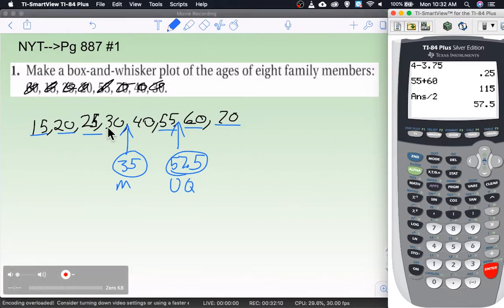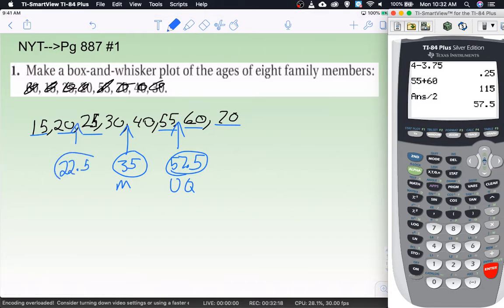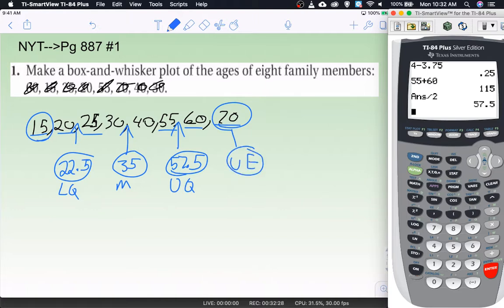My lower quartile is going to be the middle of these 4 values, not counting the median. So right here, which is going to be 22.5. And then the 70 and the 15 are my extremes, upper extreme and lower extreme.